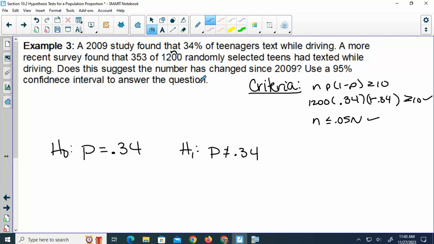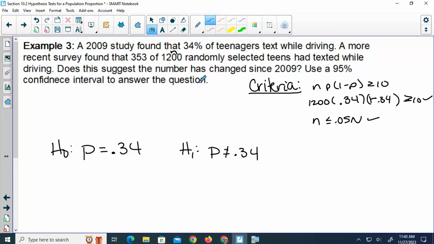We have some different options for doing this. Look at your formula sheet. Do you guys remember when we talked about confidence intervals? It's the very bottom of your second page in chapter 9. We talked about confidence intervals about P. So it's P hat.